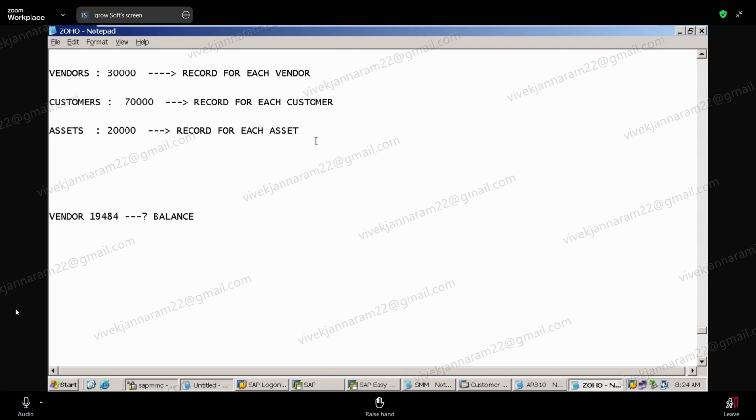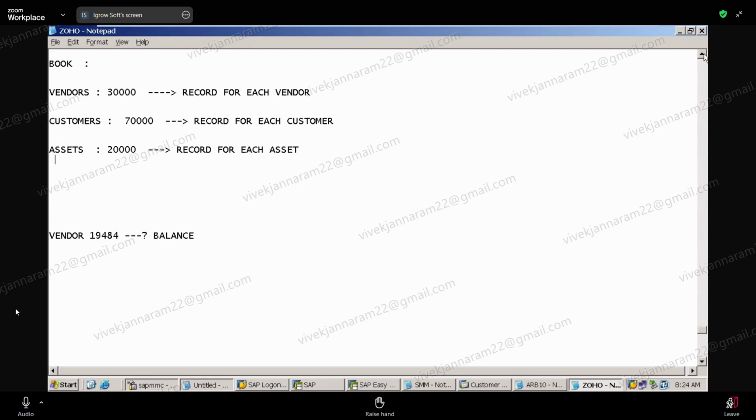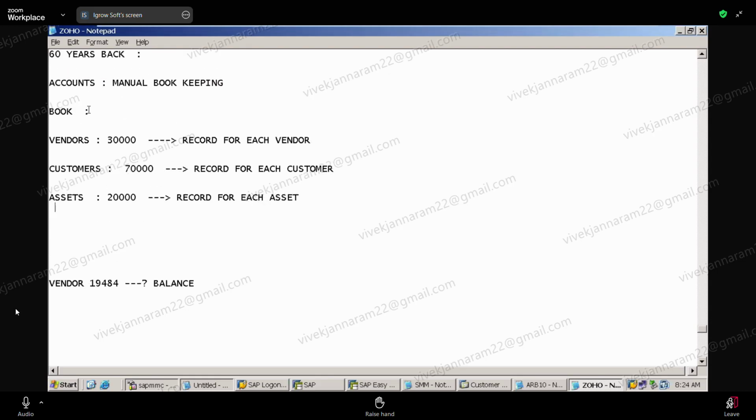Now imagine we are not in software, we are maintaining in a book. Imagine one book where we put one page for each record. So how many pages do I need? One page for each vendor means 30,000 pages.